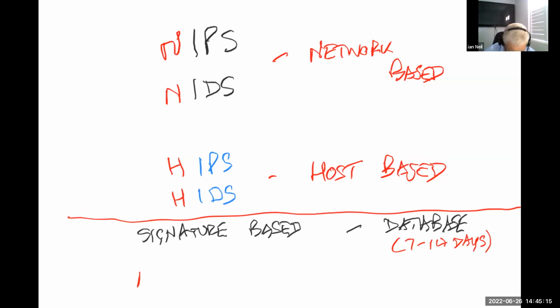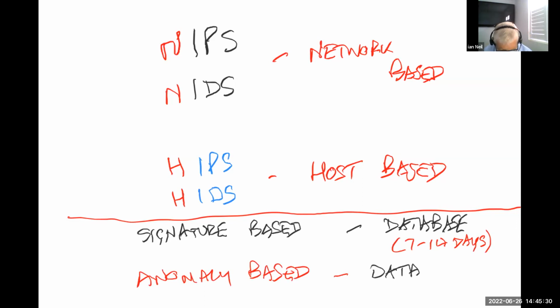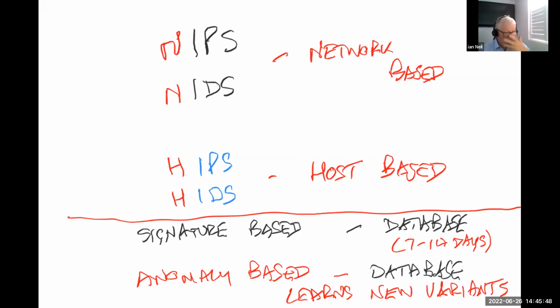And the other one is called anomaly-based. An anomaly-based system starts off with a database like the signature-based, but it learns new variants. So it can keep more up to date than the other.